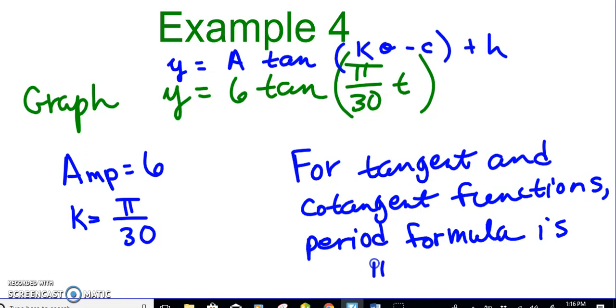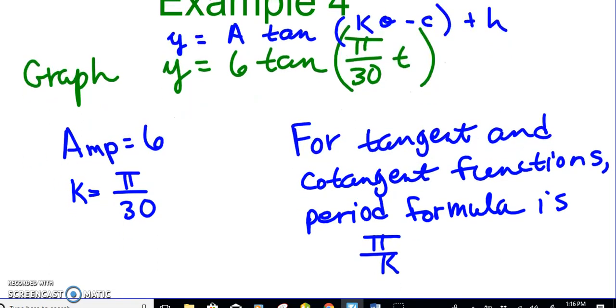It's actually pi over k. Now remember, for sine, cosine, secant and cosecant, the period was 2 pi over k. For tangent and cotangent, it is actually just pi over k.